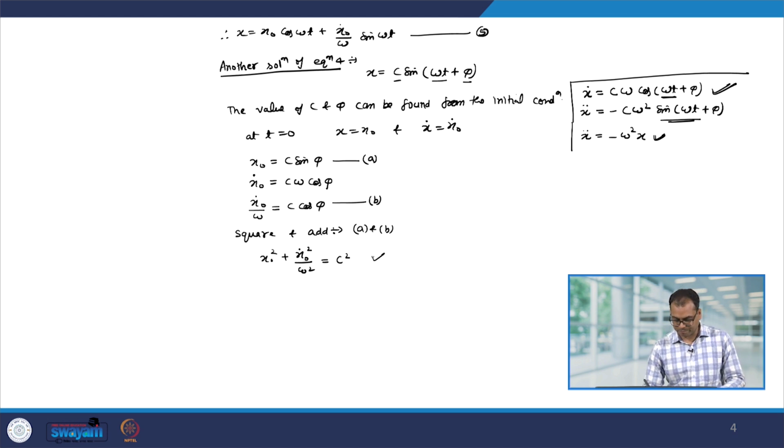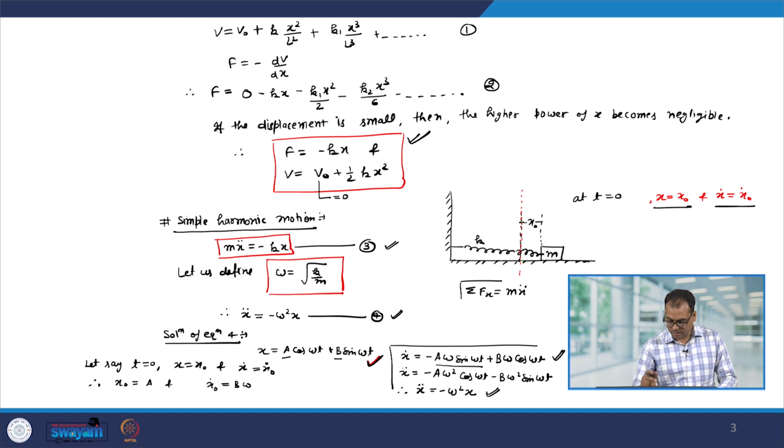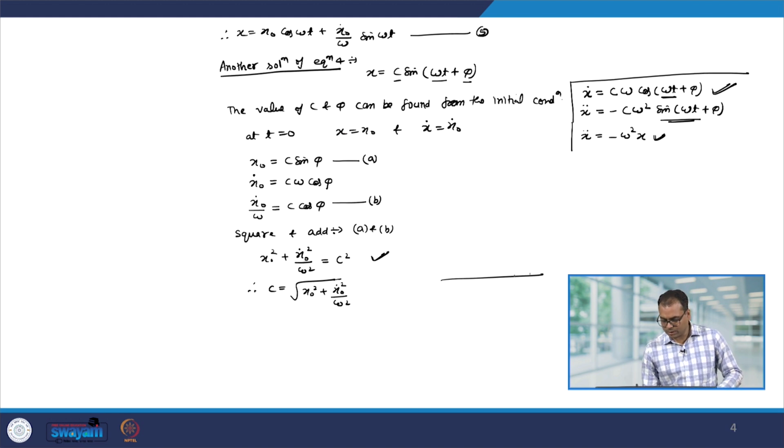Therefore, c will be square root of x naught square plus x naught dot square divided by omega square. Now, remember earlier we found the values of A and B. A was x naught and B was x naught dot over omega. So, I can write the relation between C and A and B. You can see that C is nothing but square root of A square plus B square.